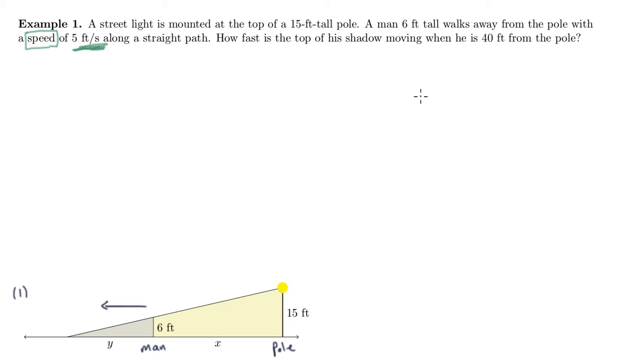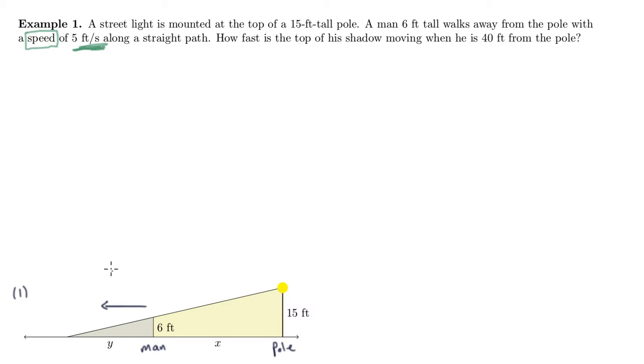Now, what is it telling us? The man walks away from the pole with that speed. So if the distance between the man and the pole is x, 5 is the rate of change of x, or in other words, dx/dt.